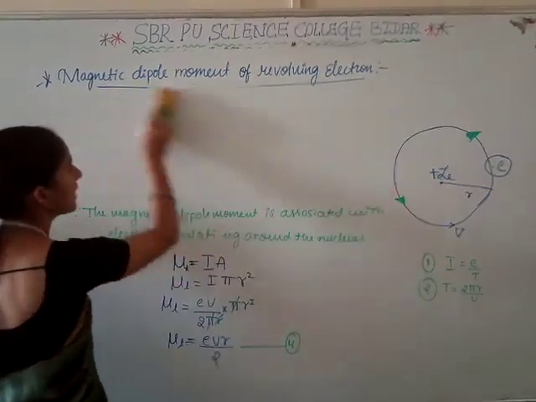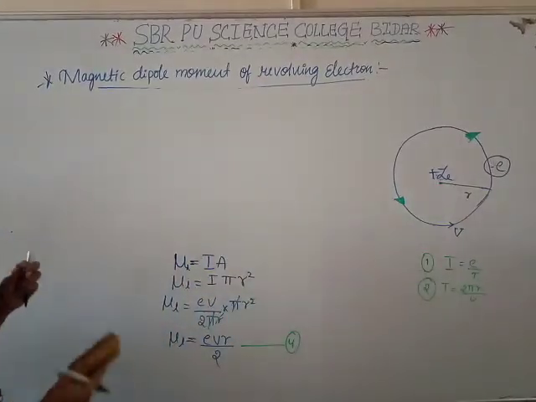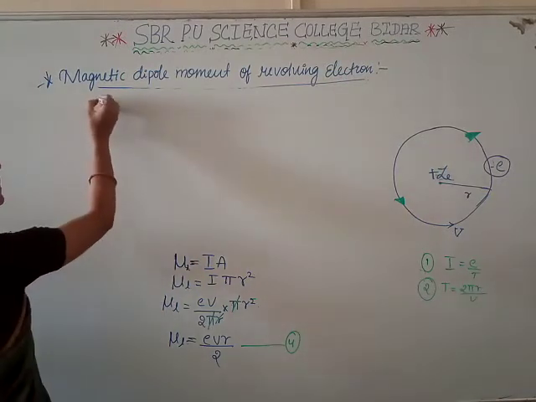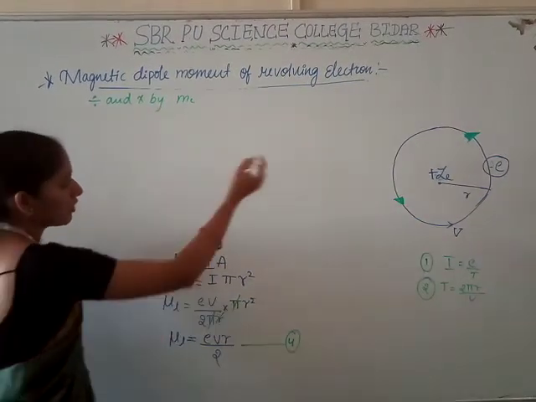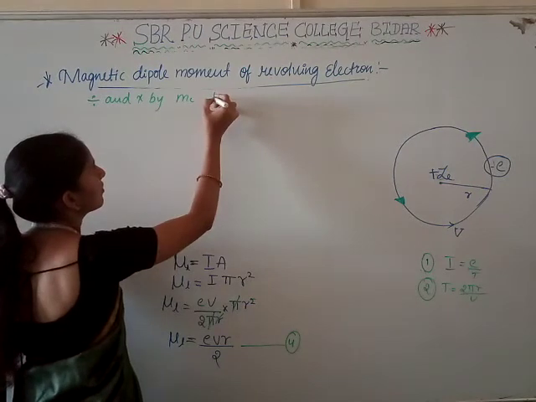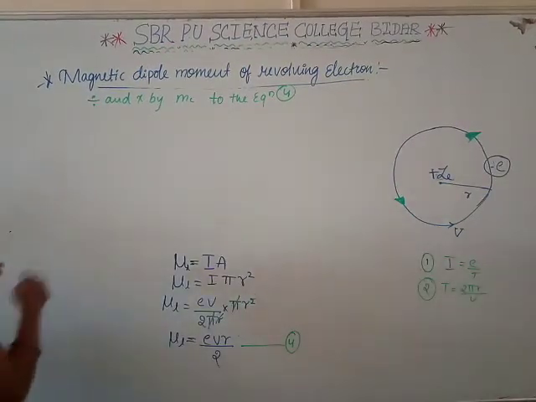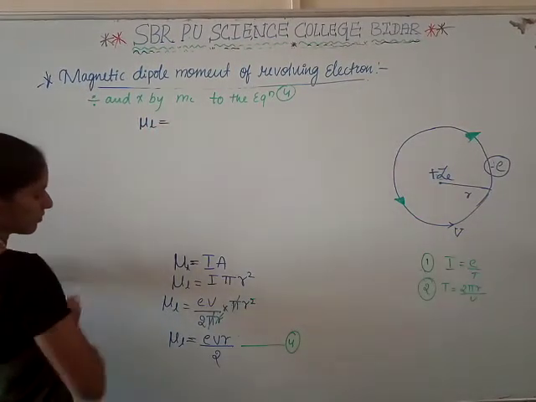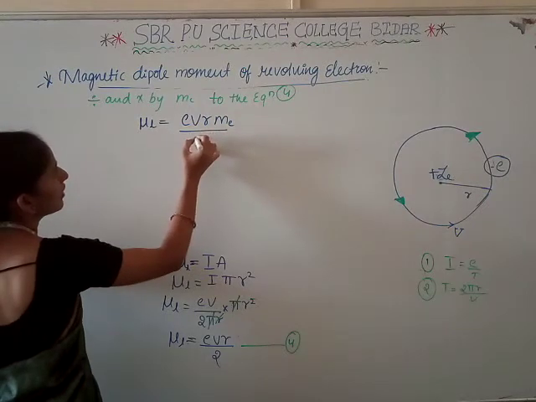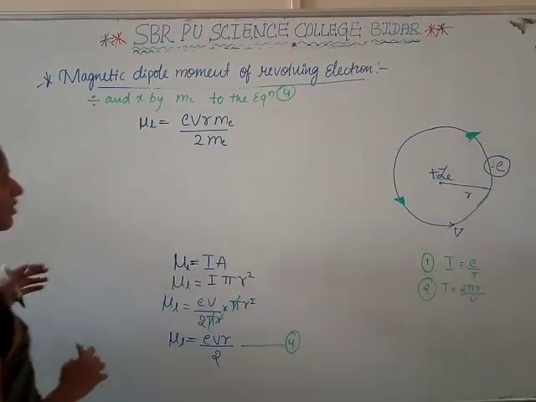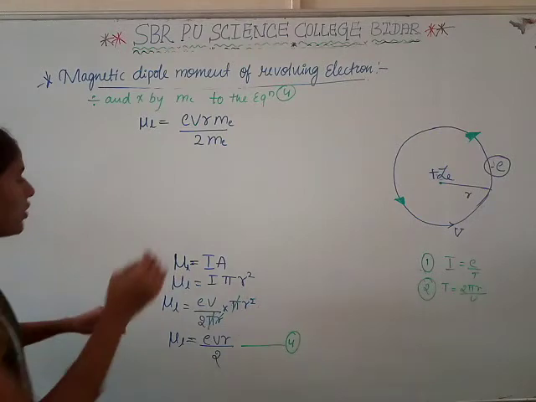Next, divide and multiply by the mass of electron on the right hand side of equation 4.